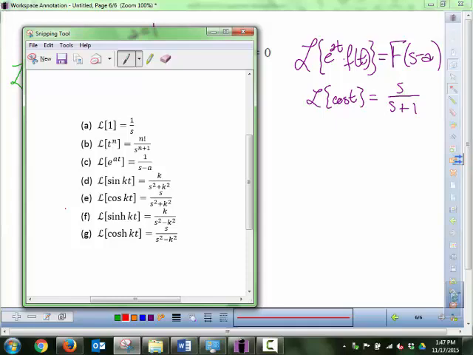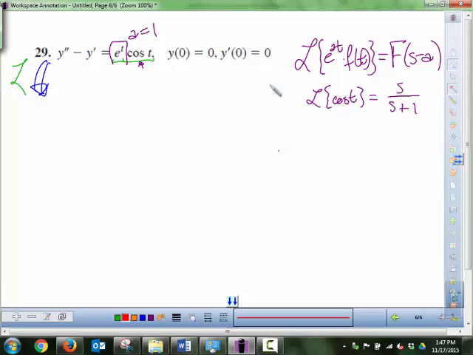Okay, so this is our cosine function and then our shift. And so given these two pieces of information, the Laplace transform shift, where we have e to the 1 times t times cosine t, says that wherever we see an s in the transform, we're going to replace it with s minus 1.